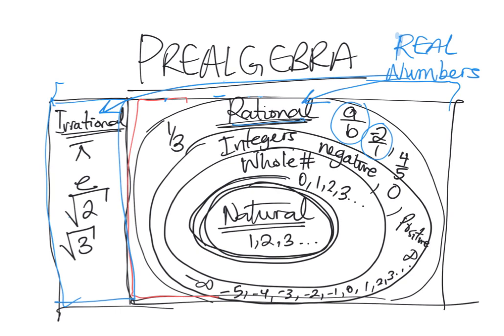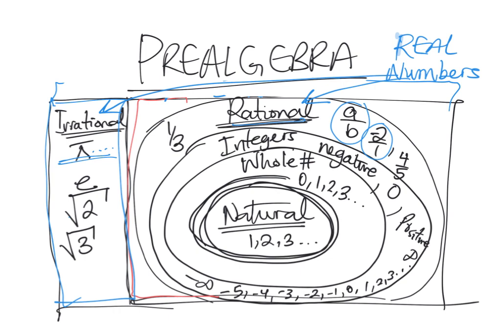Irrational numbers are numbers that do not have a terminating decimal, and our examples are pi, e, the square root of 2, the square root of 3. Notice that pi goes on and on. We've calculated it to maybe about 1 trillion digits on certain computer systems. But keep in mind that those numbers have no end in terms of a pattern. So that's the beginning of pre-algebra discussions: knowing what these kinds of numbers are.